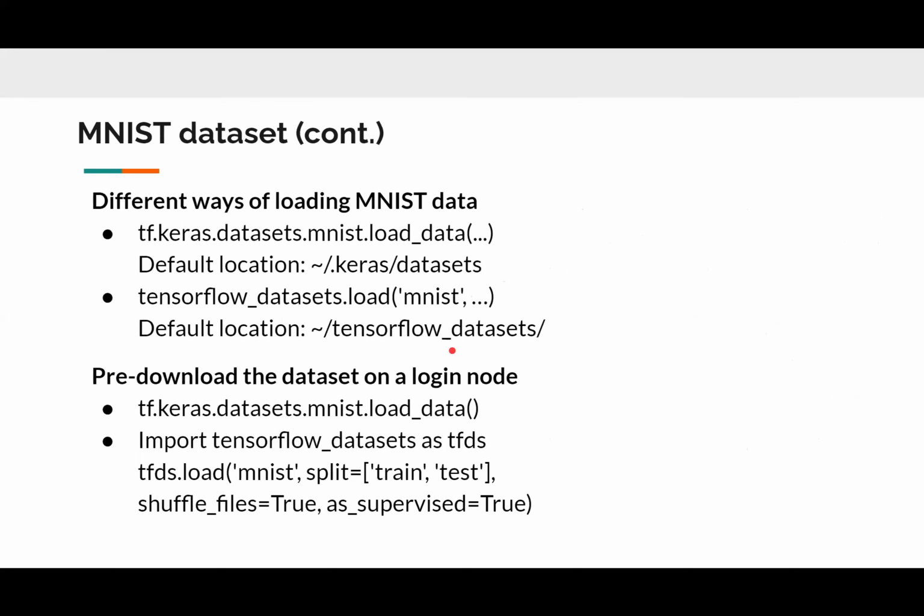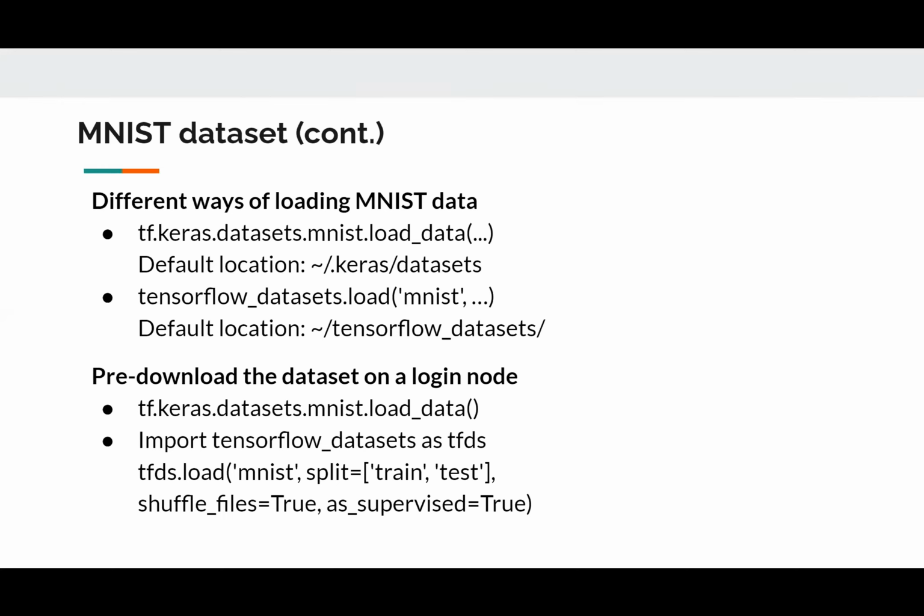And in your Python code, you can load such standard datasets through either the Keras interface or the TensorFlow datasets interface. Each of them has its own default location to look for the datasets. If the dataset does not exist in the default location, it will download it from the internet.